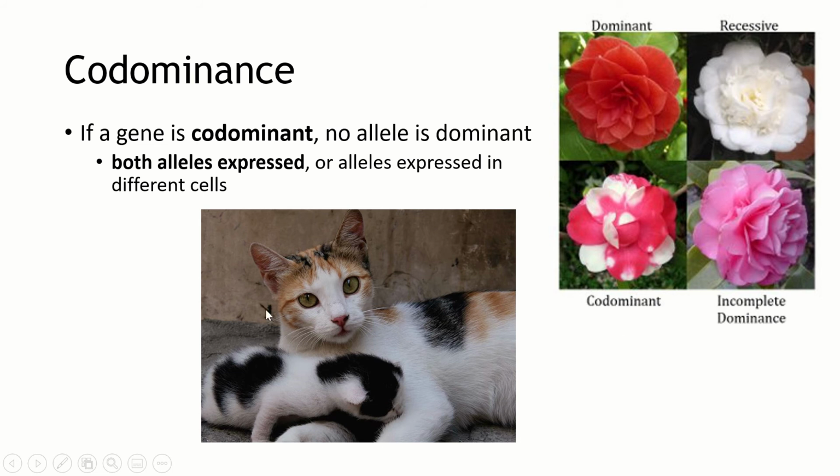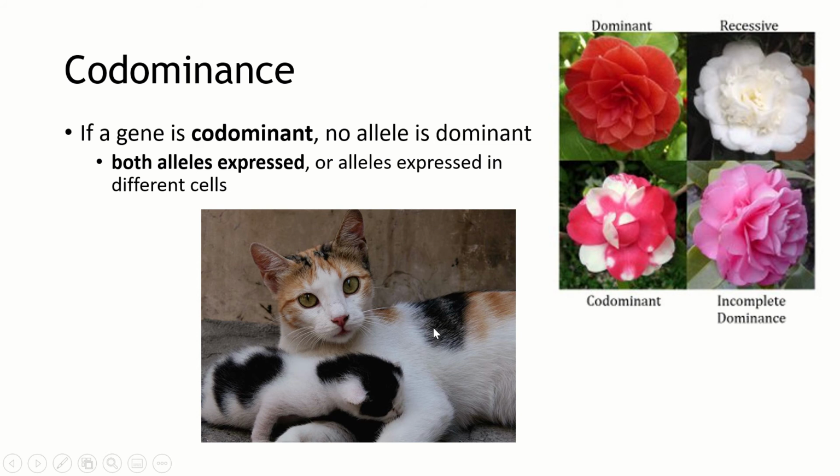So what does that mean for a spotted cat? Well, actually there are two genes involved: one that makes white spots on a cat and one that makes color. Like I said, it's always complicated. But the gene for black and brown color shows codominance. So this cat is a heterozygote with the alleles for both black and brown coat color, and when those are present, they are both expressed.